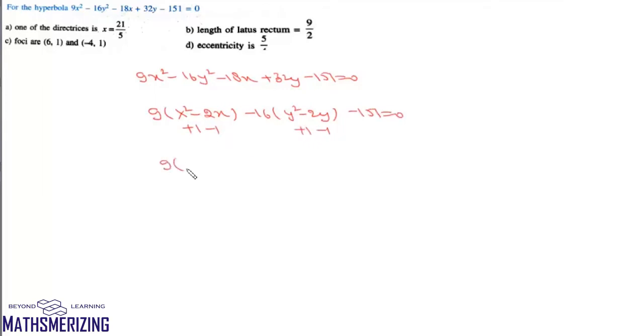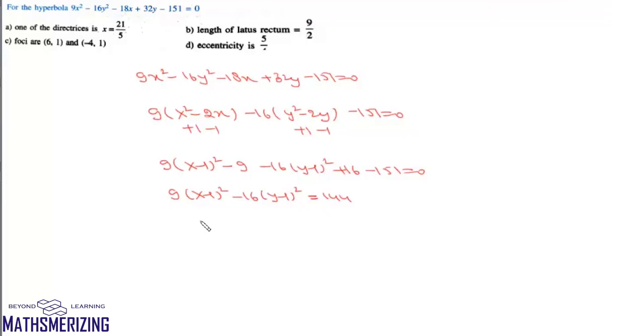So we'll write 9 times x minus 1 whole square minus 9. Now minus 16 times y minus 1 whole square plus 16, and minus 151 equals 0. We'll write this equation as 9 times x minus 1 square minus 16 times y minus 1 square, and then 16 minus 9 is plus 7, and minus 151 plus 7 is minus 144.